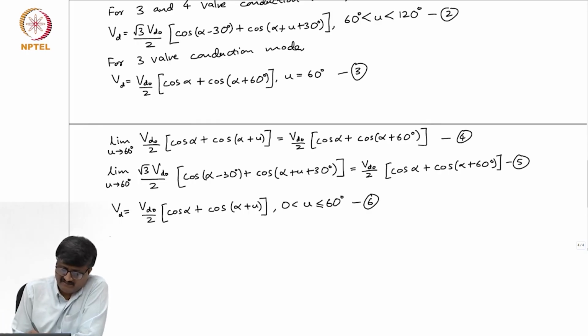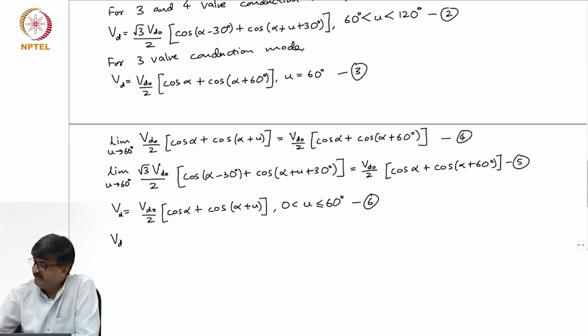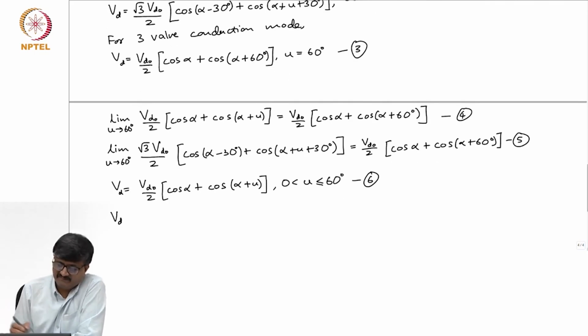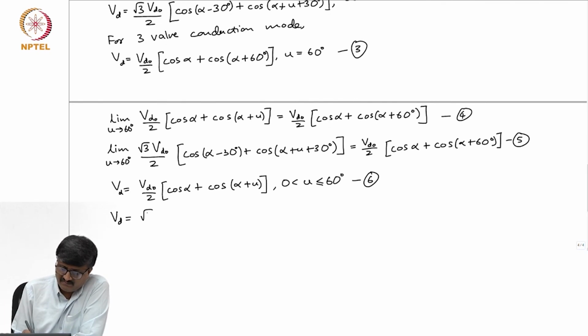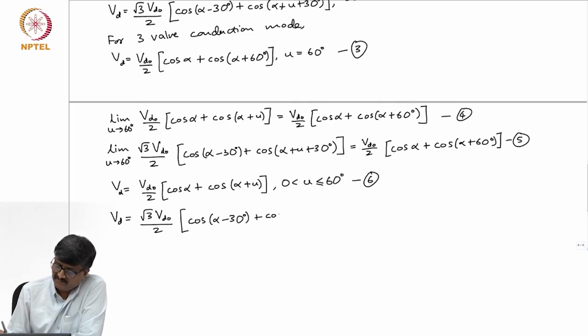Similarly, if I take the expression for Vd in terms of Vdo, alpha and u for 3 and 4 valve conduction mode, it is Vd equal to root 3 Vdo by 2 cos alpha minus 30 degrees plus cos alpha plus u plus 30 degrees.